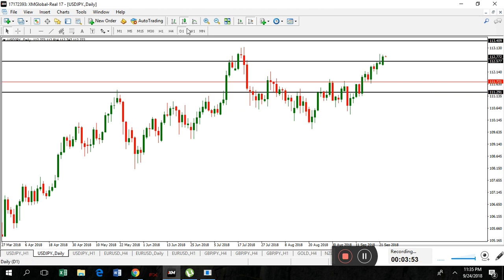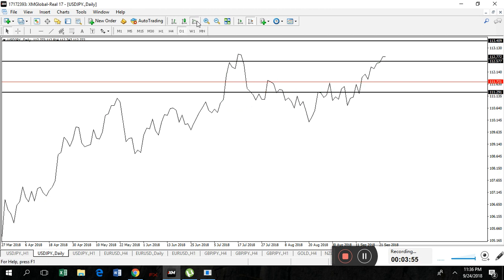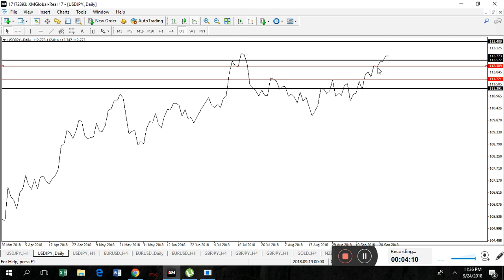So the price turned at least 4 times. Remember, the price has to turn at least twice. As long as it's turned twice, then that area can be said to be a support zone or a resistance zone. This is a very significant area here. You can see the touches.